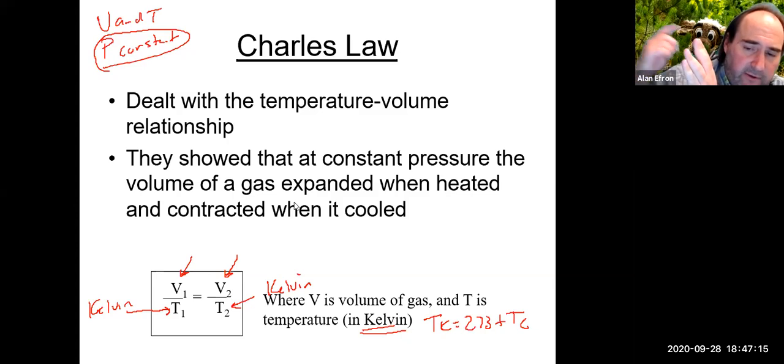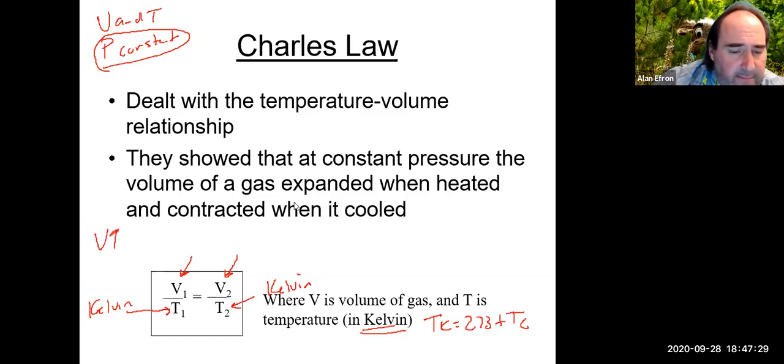And when the volume increases, it gives everybody more room to move around. So even though they're moving faster, they have more room to fly around in, causing the collisions to maintain where they're at. So the relationship here is as the volume goes up, so does the temperature, and vice versa. Temperature goes down, volume will go down with it.